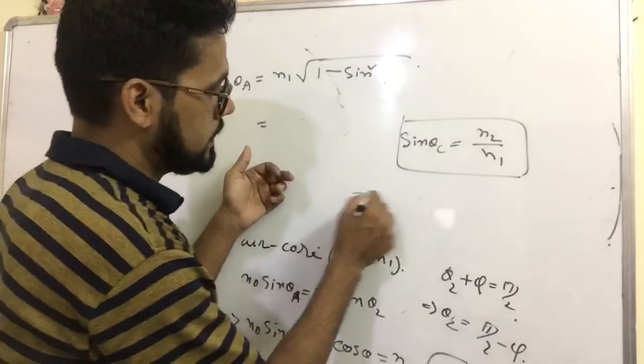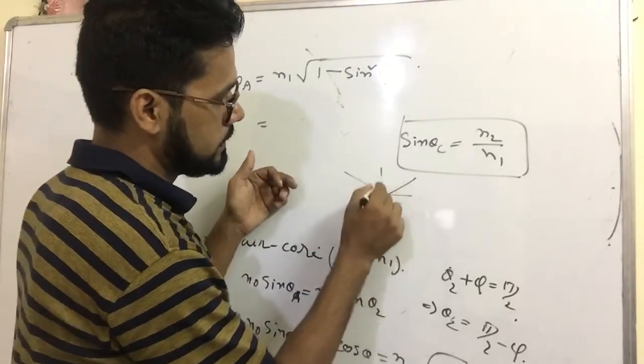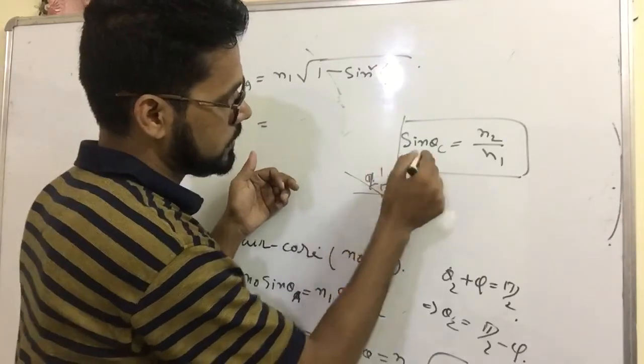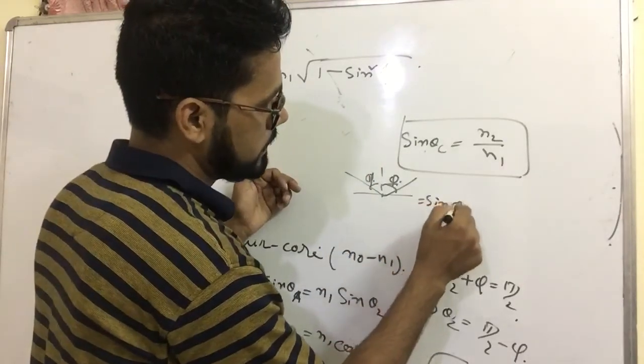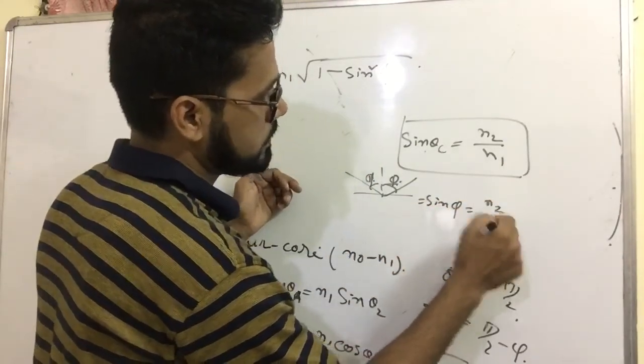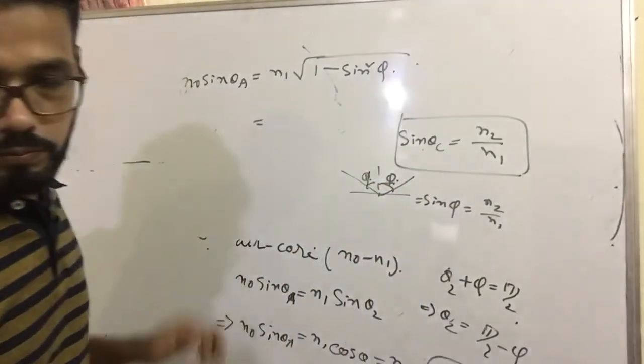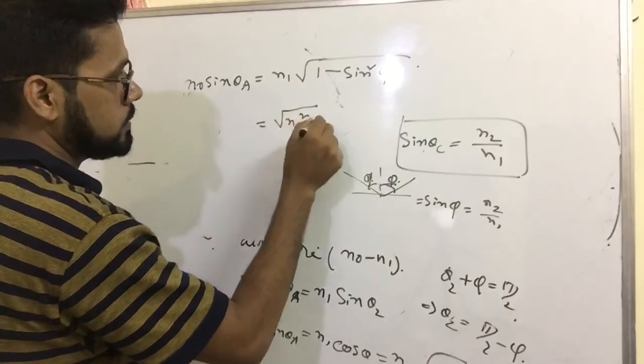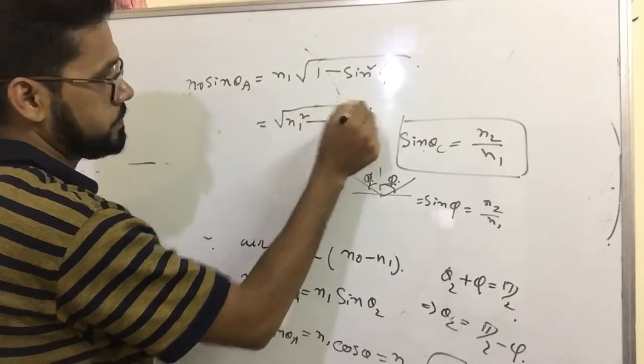Here phi, this one is phi, this one is also phi, so sin phi equals N2 by N1. If you put this value, then you will get the under root expression, using the formula I have already given you.